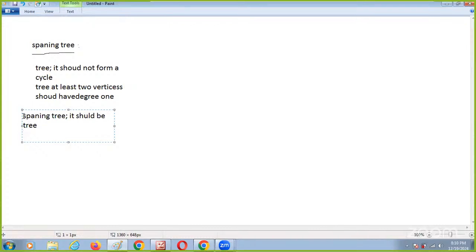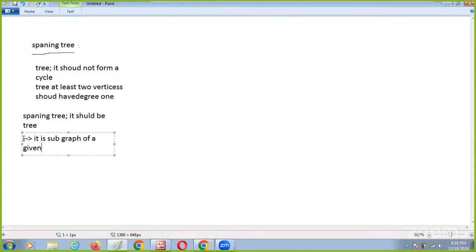And one more condition we have discussed is that it is a subgraph of a given graph.